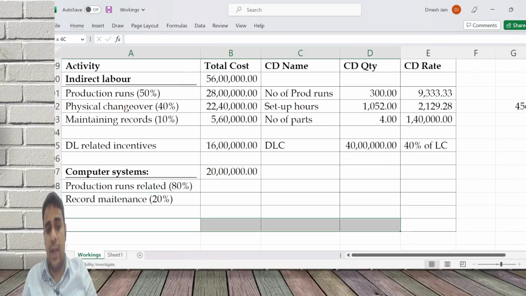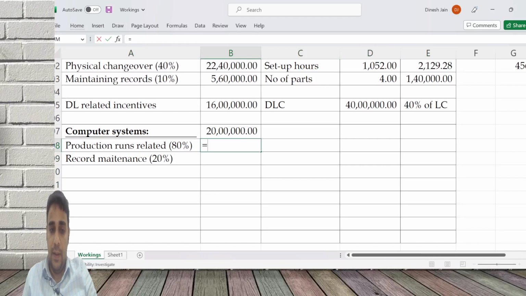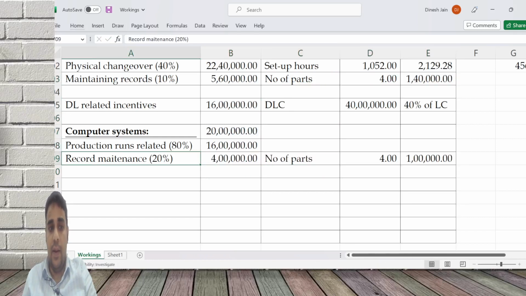Record maintenance is equal for each of the parts.